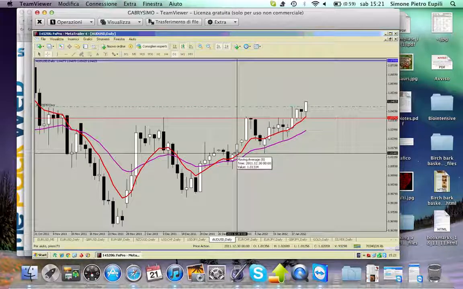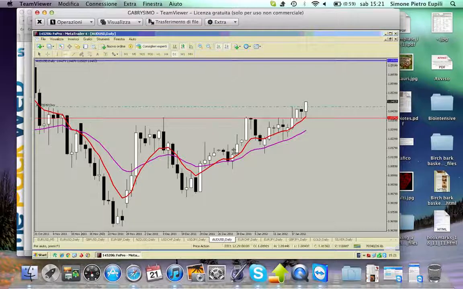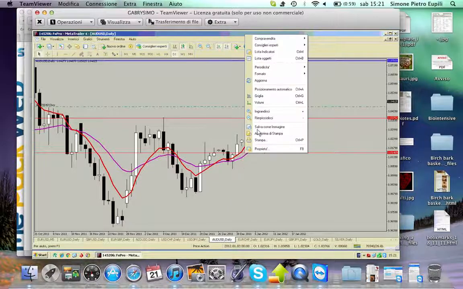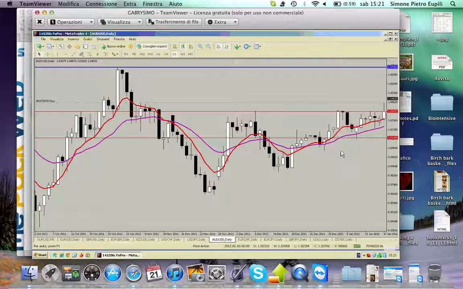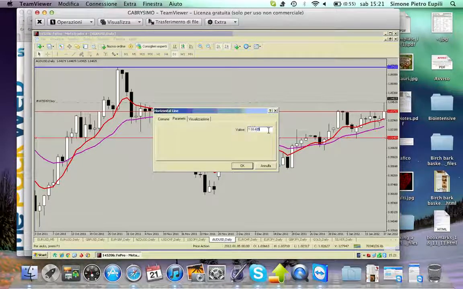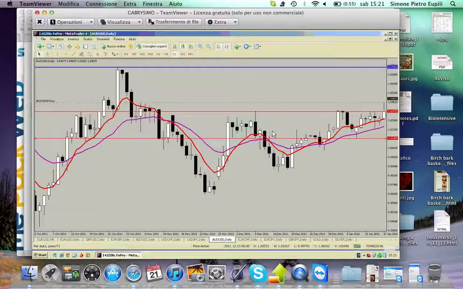So we were going to set an entry price at the break of the high, around 0.145, with the stop loss under the low.